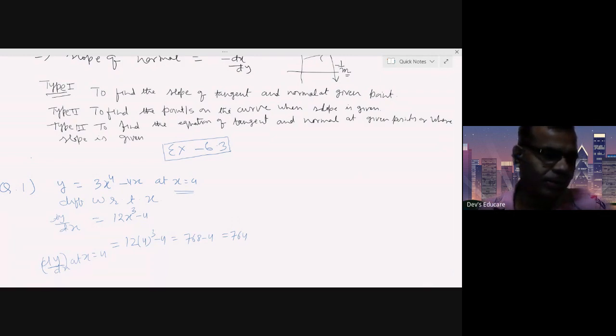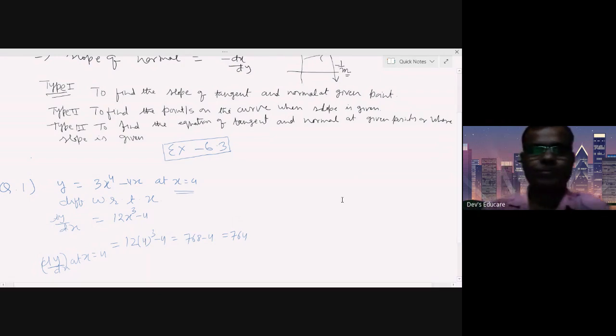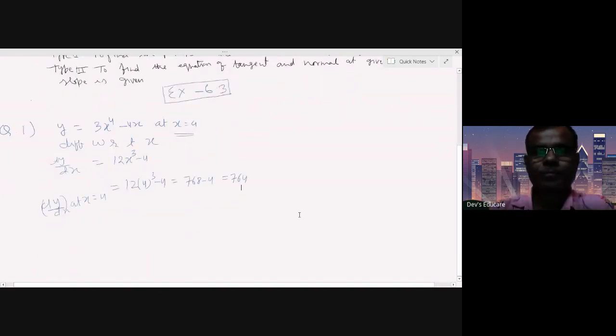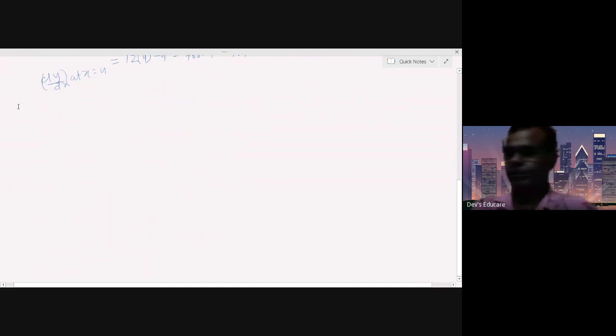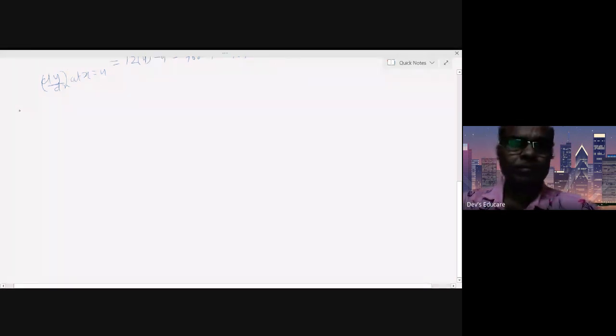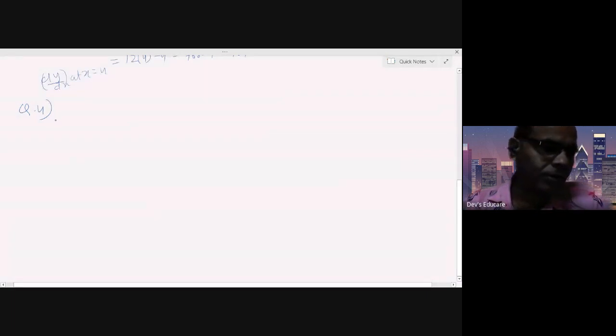Now question number 4. Find the slope of the tangent to the curve at the point whose x coordinate is 3.